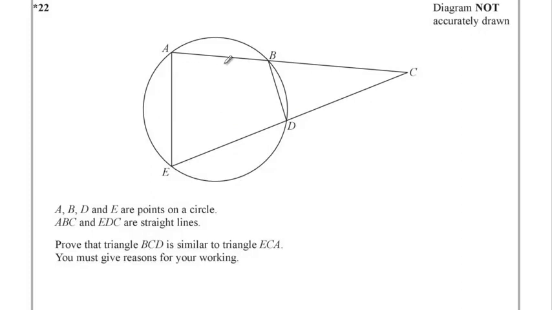ECA, so that's going the other way. BCD is going that way, ECA going that way. So for them to be similar, that's X. So that must be similar to this one here. And then this is Y.